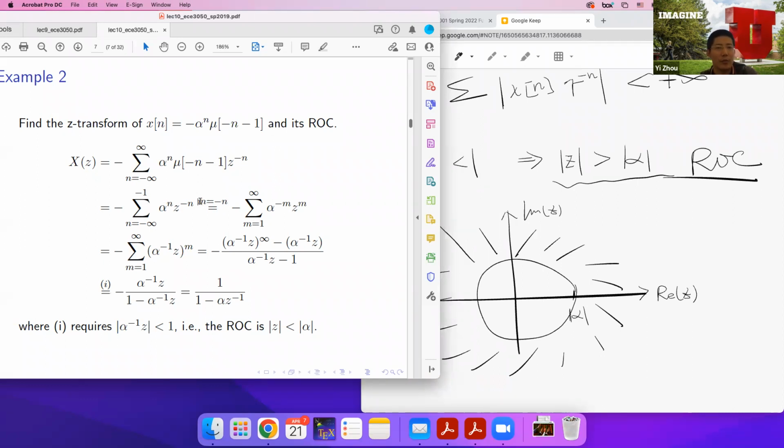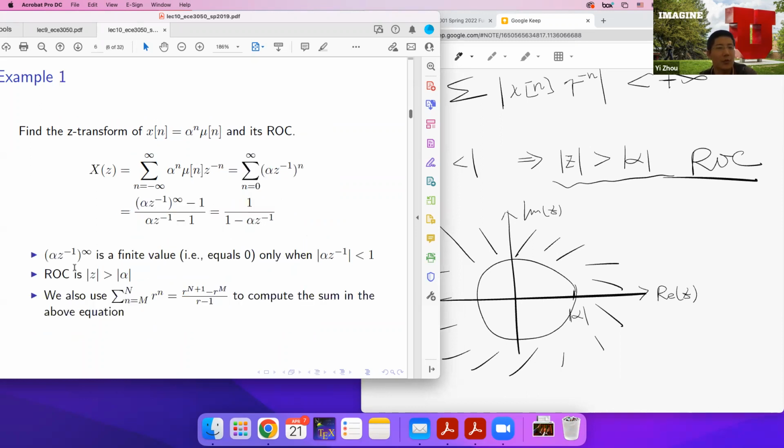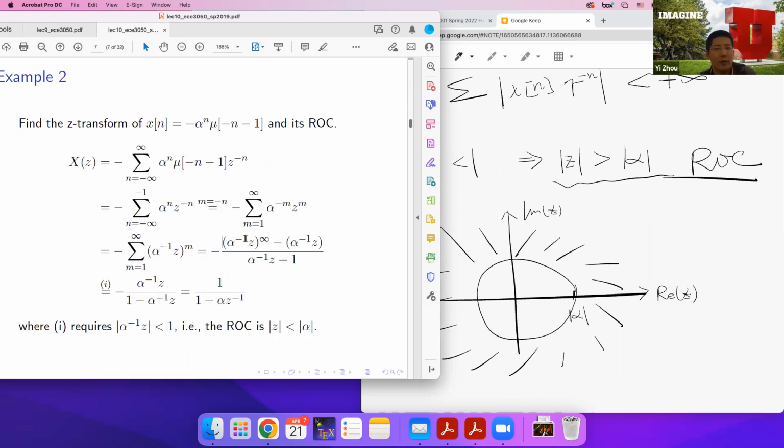With this simple change of variable, we have a standard summation from 1 to infinity, with alpha to the power of negative m times z to the power of m. Now this is a standard infinite summation, so you apply that general formula. Once you do that, you can obtain this one.